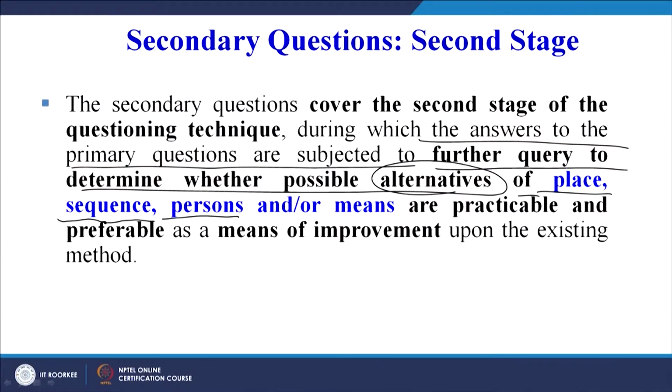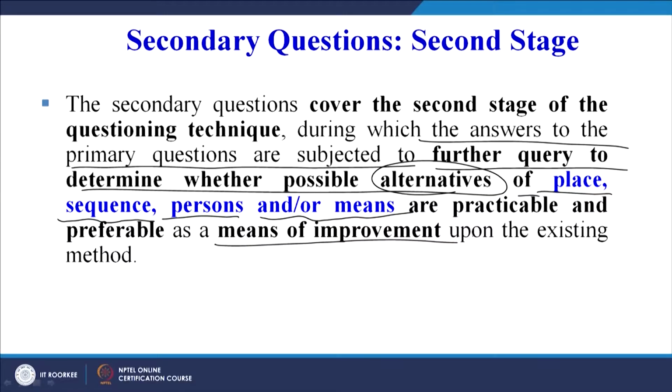So from the place point of view also we can focus on alternatives, from the sequence point of view also, from the person's point of view also, and means point of view also, are practicable and preferable as a means of improvement upon the existing method. So I think I will read this sentence once again. I have tried to explain the things in between.